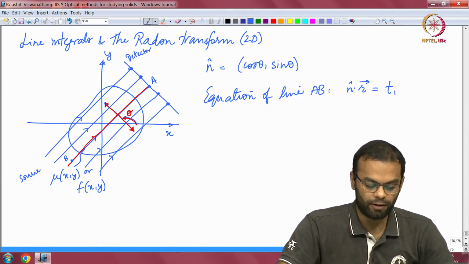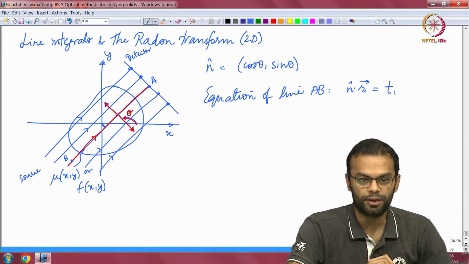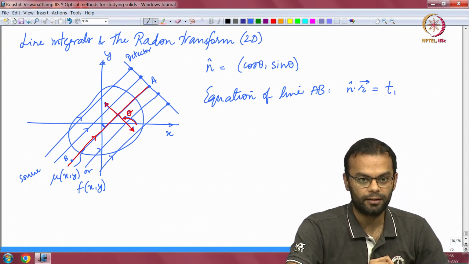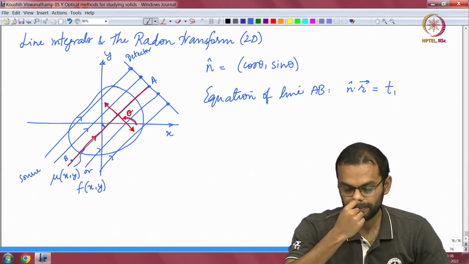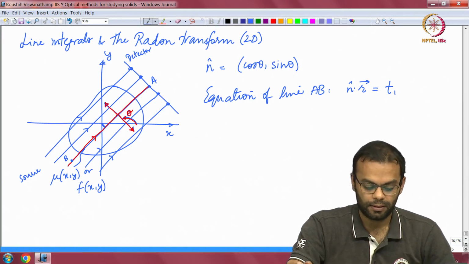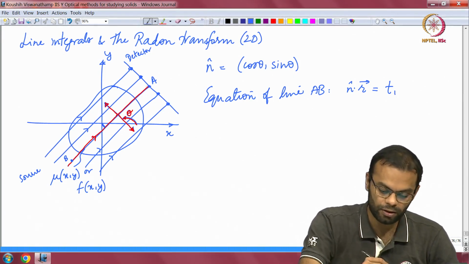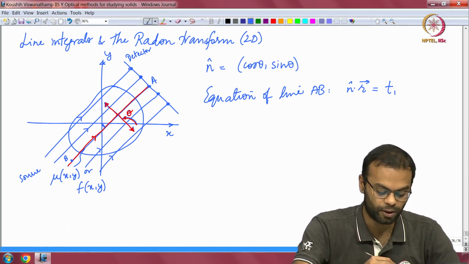And what is T1 measuring? It is basically measuring the perpendicular distance from the origin to the particular ray AB, okay, that is what T1 is. So, this distance, this is at a point P1 at point T1.